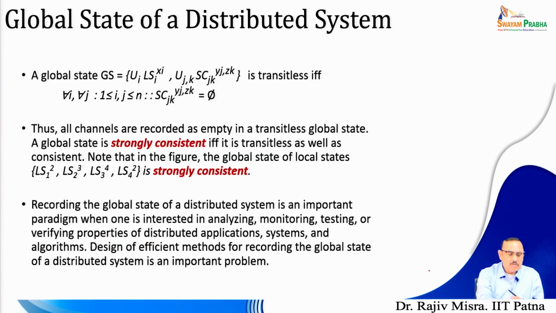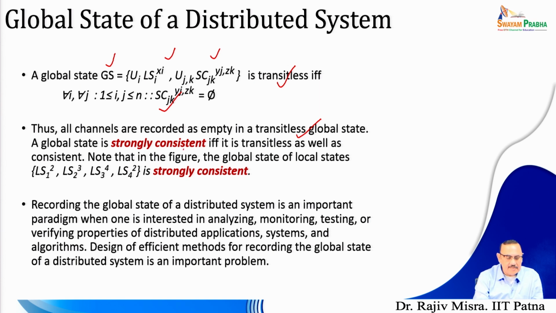So, let us define: a global state, which is the union of all the local states and the union of all the states of the channels, is transitless if and only if the state of all the channels is empty. That means the channels are recorded as empty in the transitless global state.